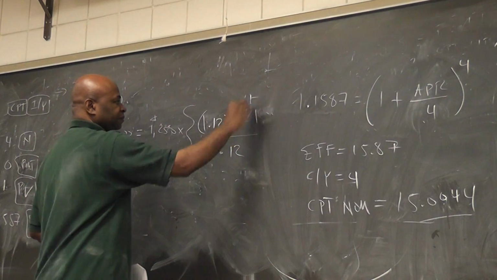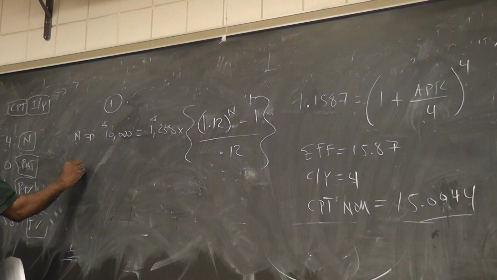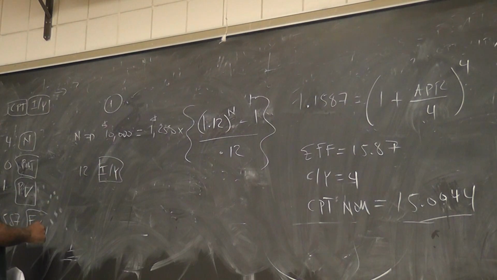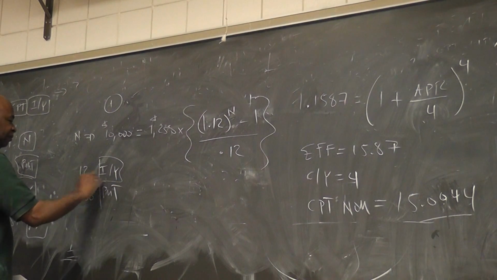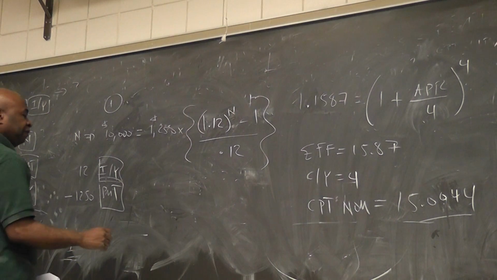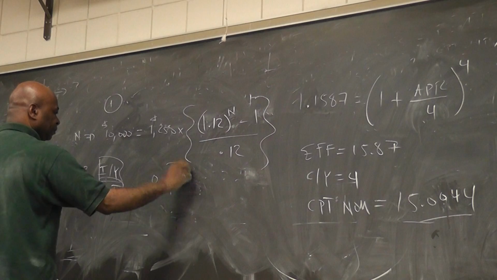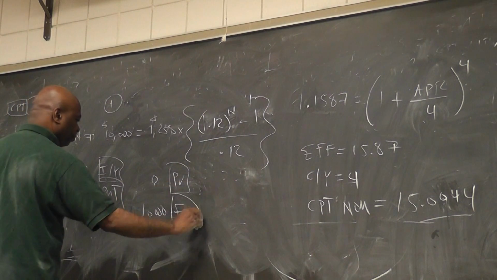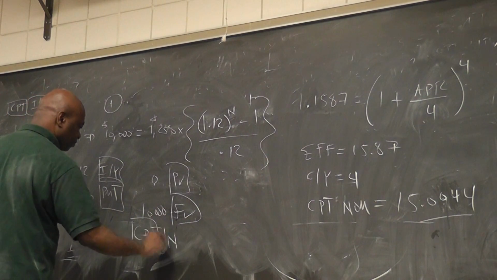And then you go to your calculator to solve for N. You have 12 for I. You have negative 1250 for PMT, do you agree? Yes. And then you have 0 for PV, and 10,000 for FV. And then you compute what? N. So what do you get?